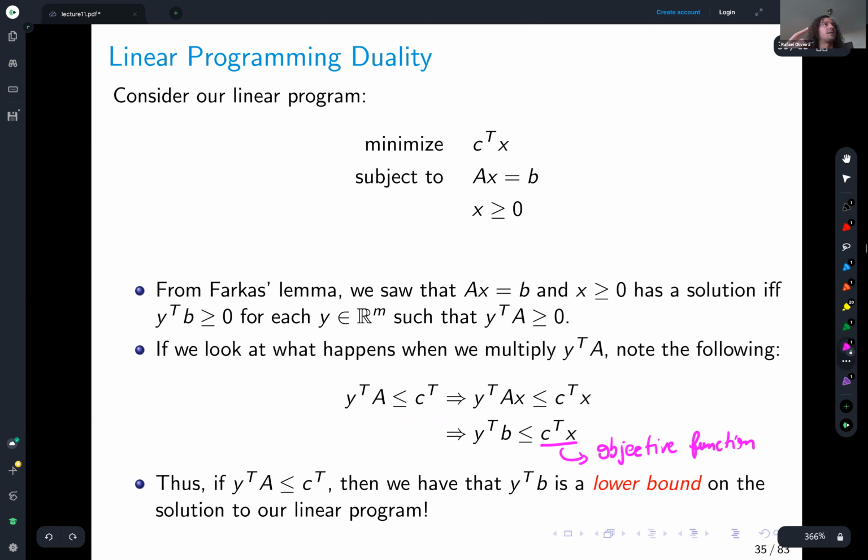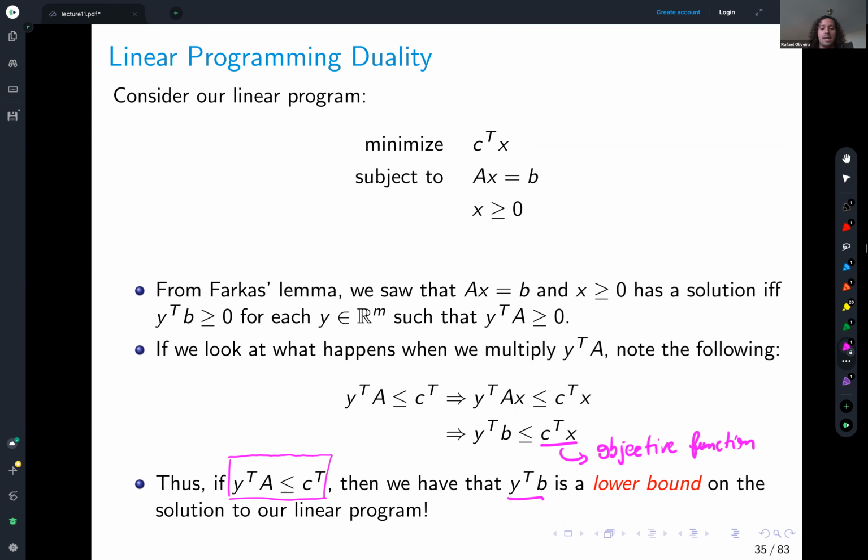So if we find any vector Y such that Y transpose A is less than or equal to C transpose, then Y transpose B is a lower bound on the solution to our linear program. Does that make sense?